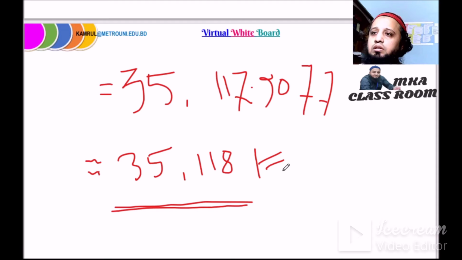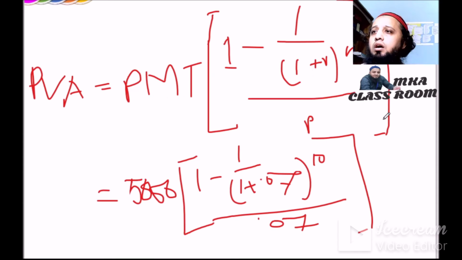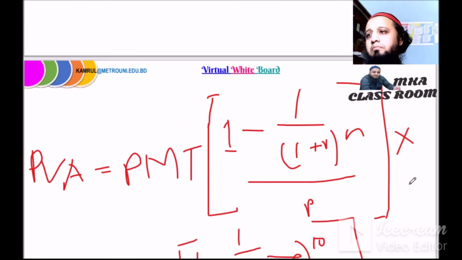Whenever it is an annuity due, the formula will be the same, only multiplied by 1 plus r.